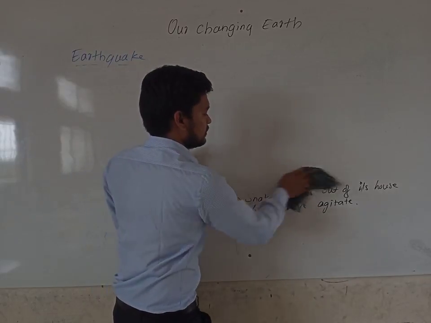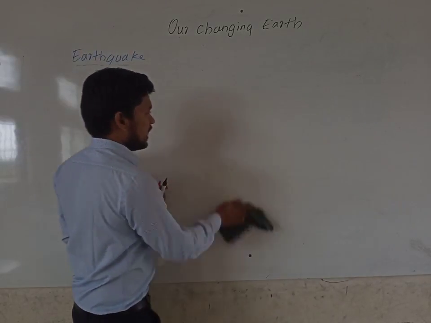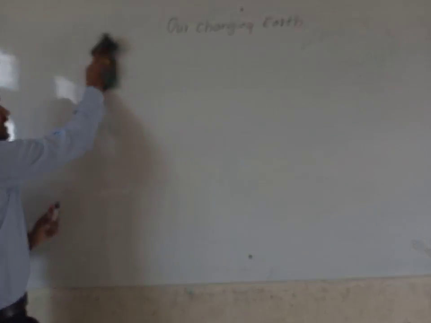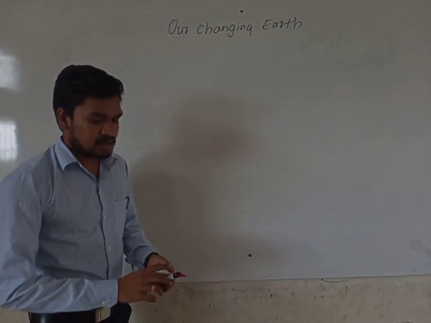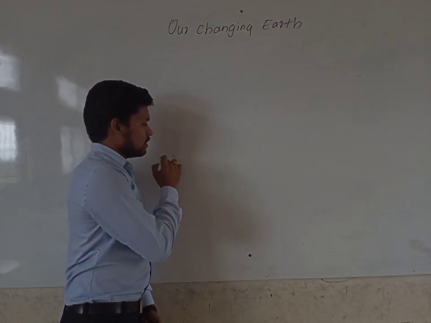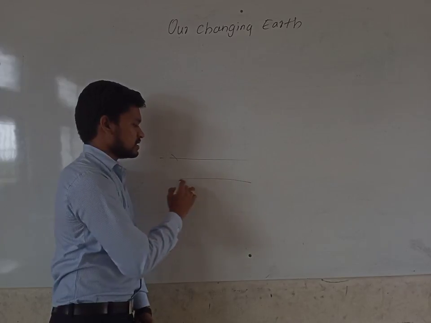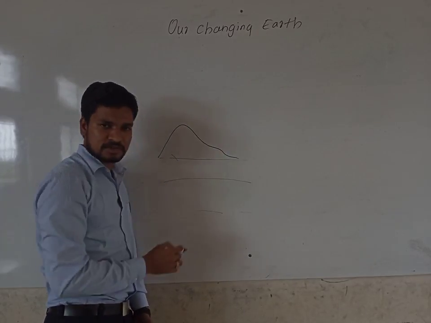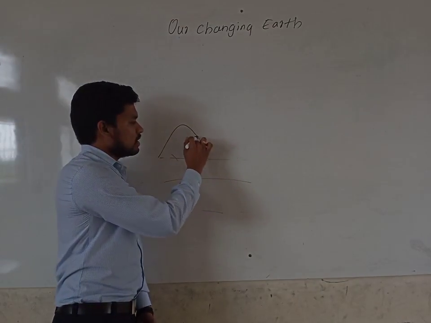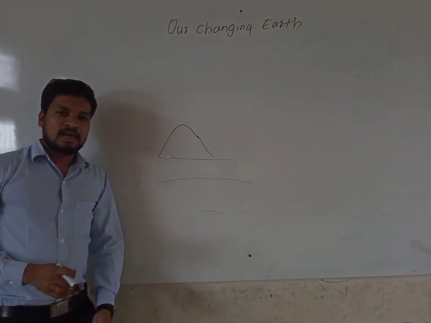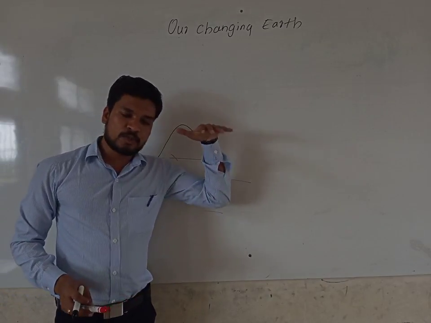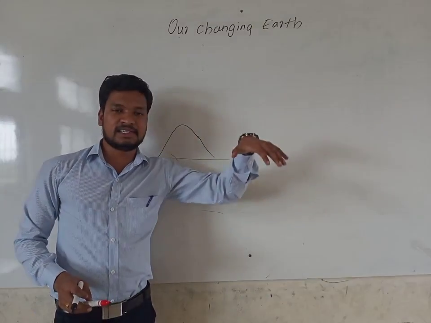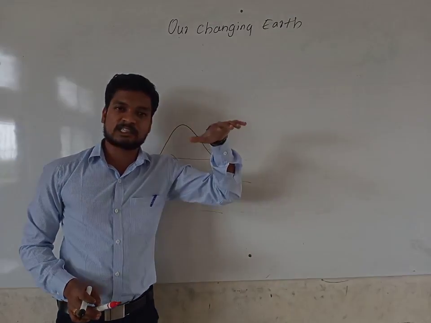Then we have landslide. Landslide is also an endogenic force. So this is the crust, and here we have the mantle. On the earth's surface, we will have many features. Suppose it is a mountain. Landslide happens mainly in sloping areas, high hilly areas, high elevated areas and plateau regions.